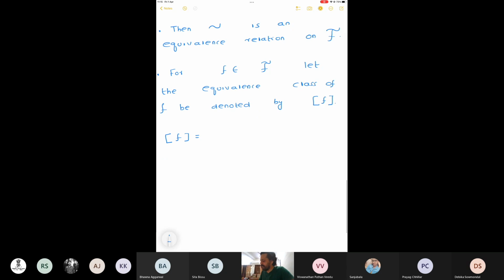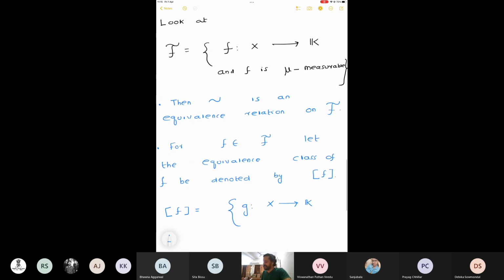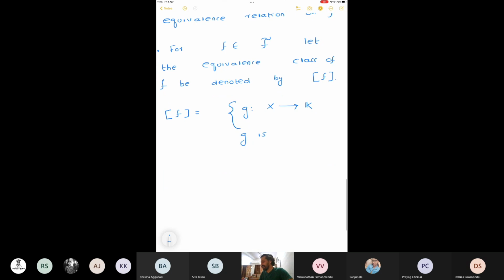Bracket F is equal to the collection of all G from X to K, G is mu measurable and G is related to F. This is what the equivalence relation means. G is related to F means G is equal to F almost everywhere on X. So you consider all such G and collect them inside a basket, and that basket is denoted by square bracket F. Okay. Now, what does it mean?